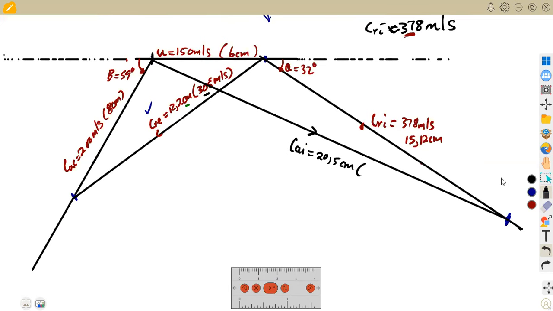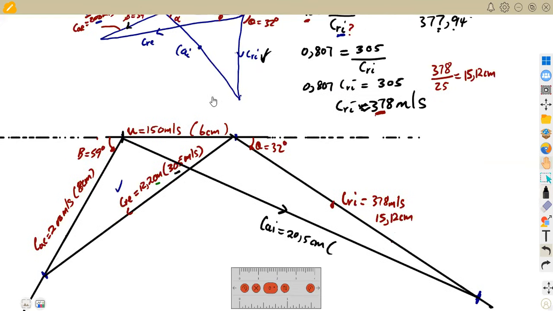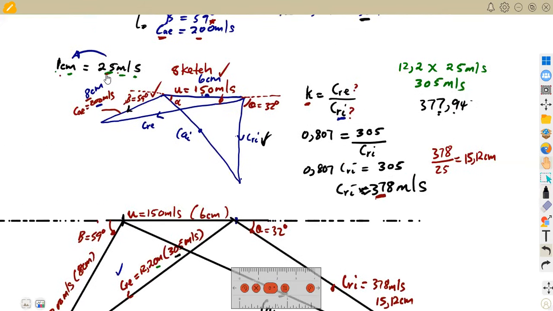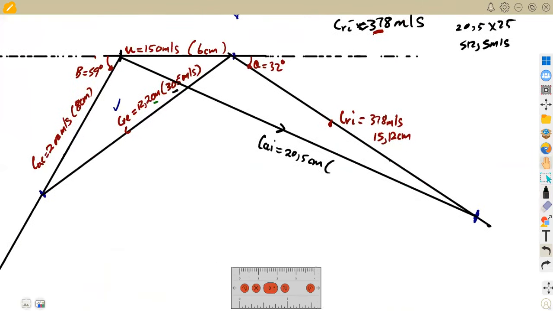Then you convert to meters per second, as we have our conversion that every 1 centimeter is 25 meters per second. So you're going to multiply the value that we got, 20.5 times 25. So we are going to multiply these two, which is going to give us 512.5 meters per second. So in terms of velocity, our inlet is at 512.5 meters per second. Measure properly using your ruler.